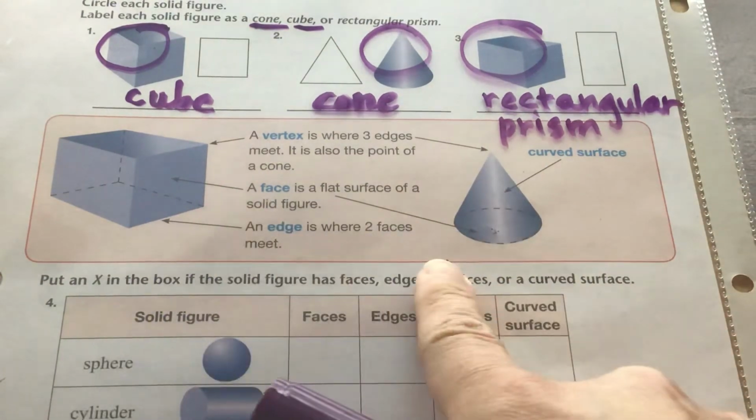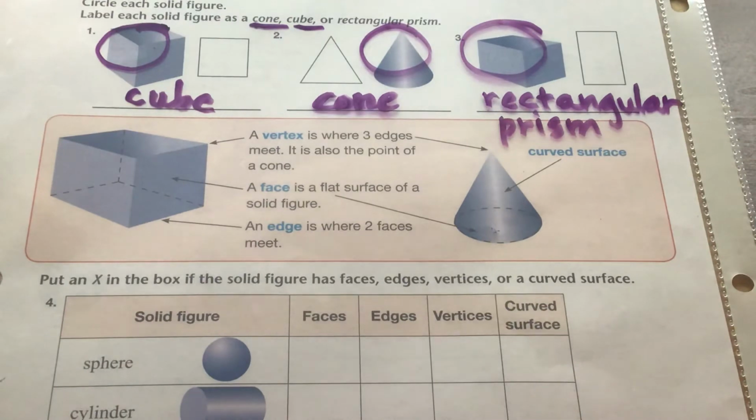Here in the middle box, they're just describing some of the terms. We've already used the word vertex. So when you're touching a cube, for example, those pointy corners, those are the vertices, okay? The edges, right? They're the lines on the side. So if you're drawing it, the lines you use, those are the edges.